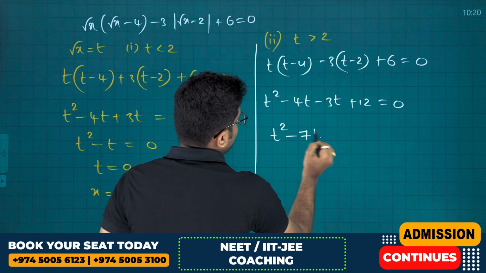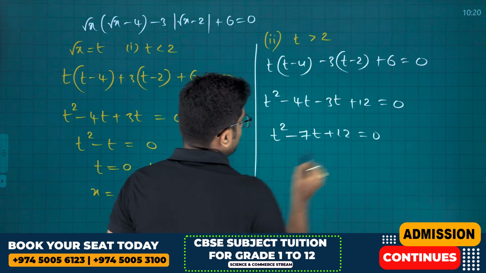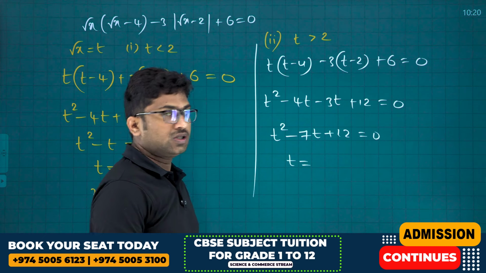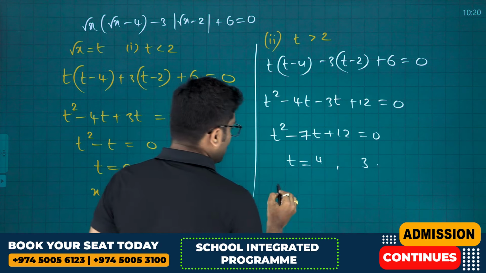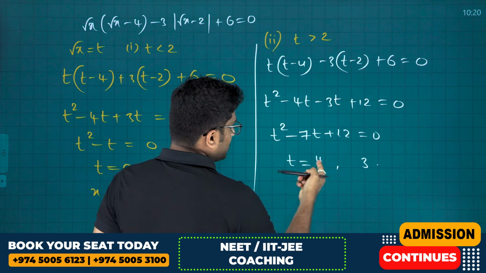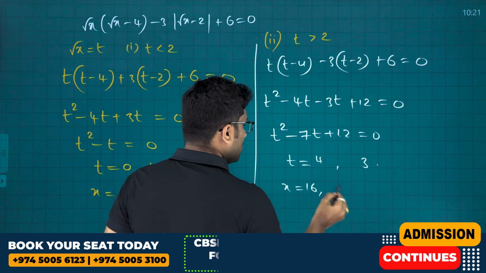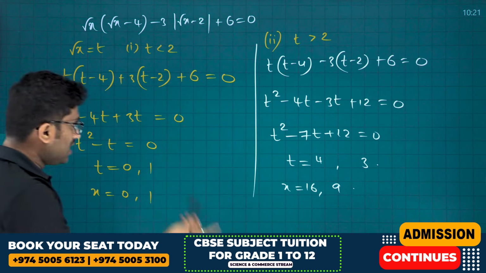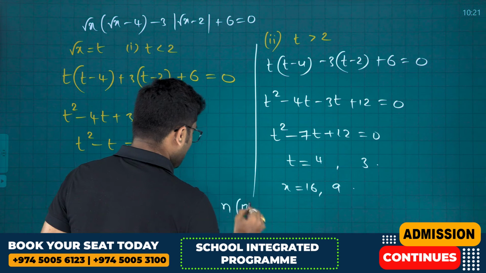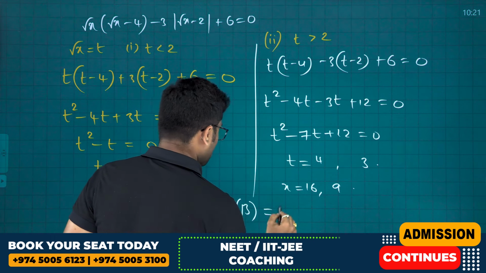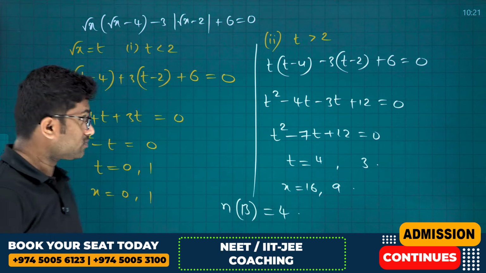T square minus 7t plus 12 is equal to 0. So 4, 3, t is equal to 4 comma 3. Yes, t greater than 2 we can take. Now if root x equals 4, x is equal to 16, 9. That means how many elements for x do we have? 4 elements. So the number of elements in B is 2 plus 2, which is equal to 4, friends.